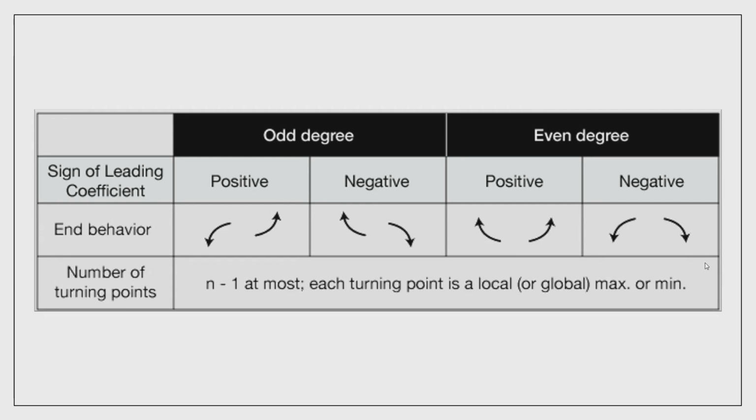If it's odd degree and a negative leading coefficient, then it's positive infinity to negative infinity. Even degree, positive leading coefficient, both sides go to positive infinity. Even degree, negative leading coefficient, both sides go to negative infinity.